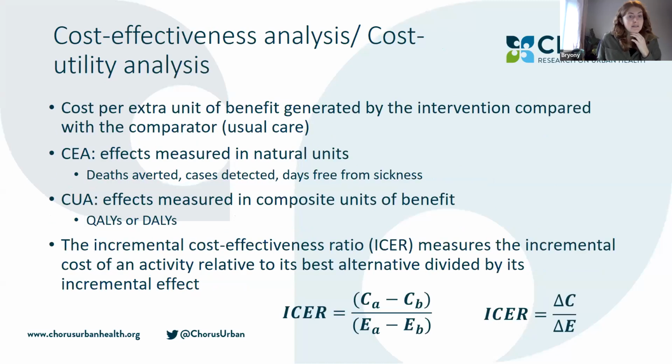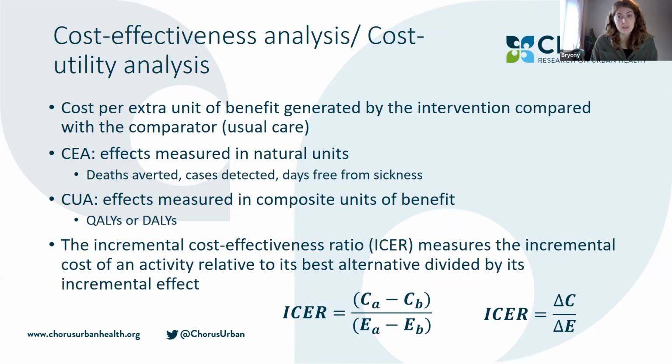Next slide. Okay. So another option for an economic evaluation is to undertake a cost effectiveness or a cost utility analysis. In fact, these two are the same type of analysis, and cost utility analysis is actually just a specific type of cost effectiveness analysis.